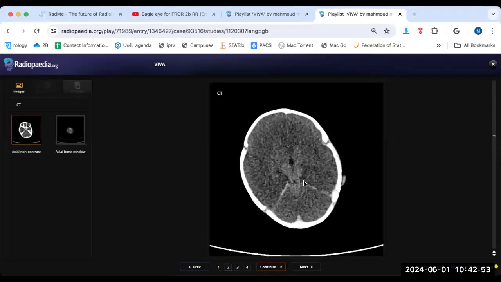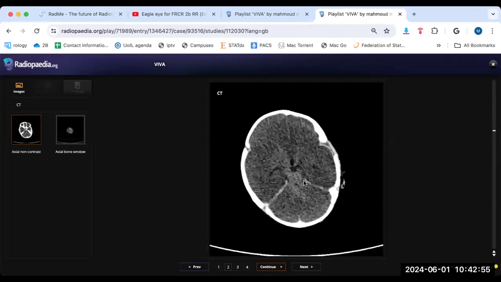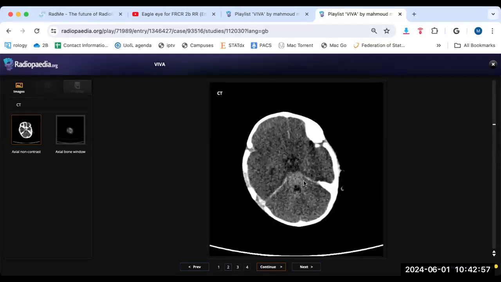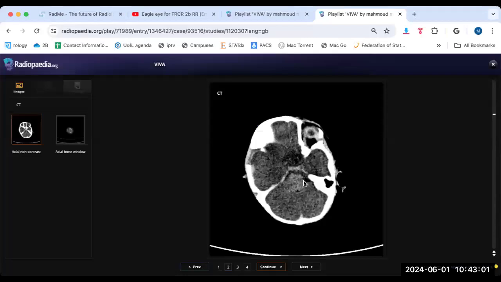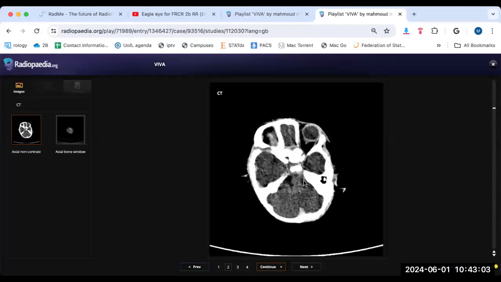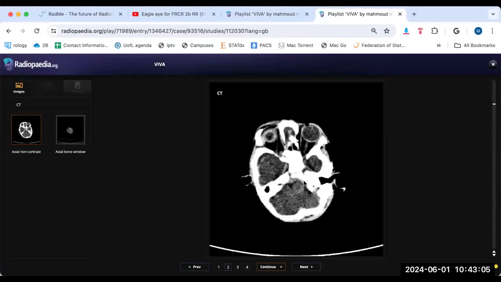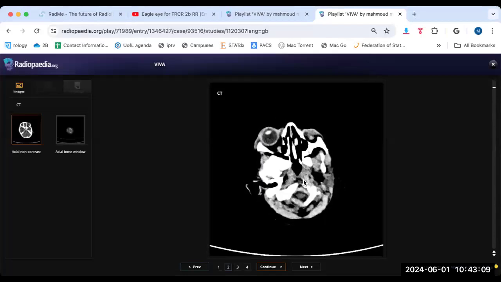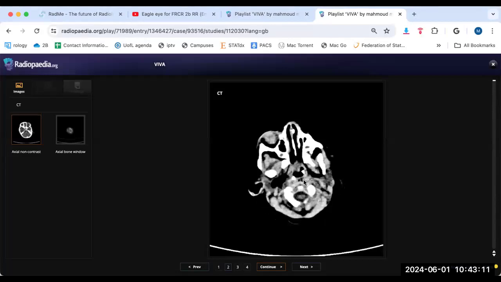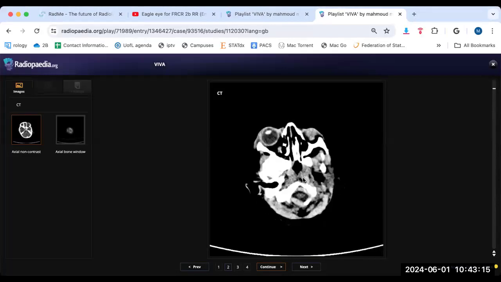I am scrolling still to search for any other abnormality. So this is the last image of the study.